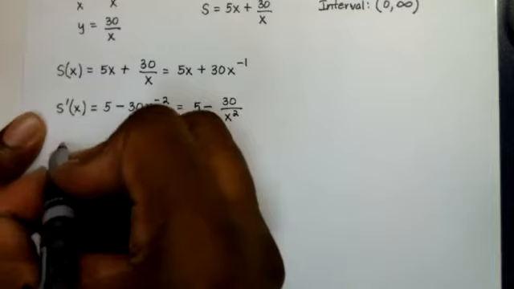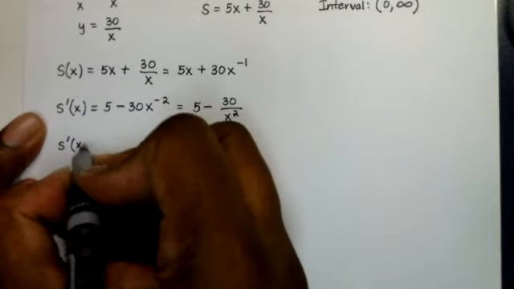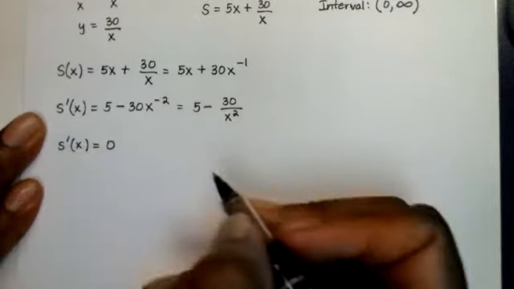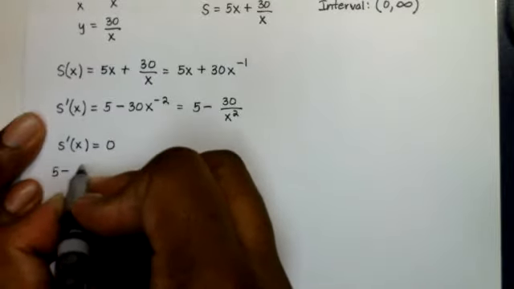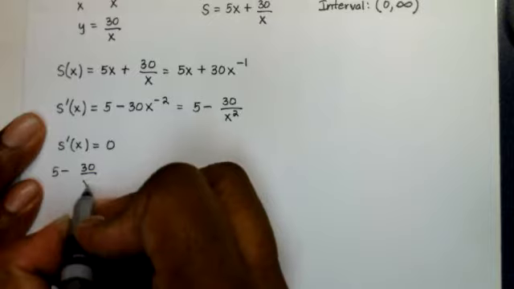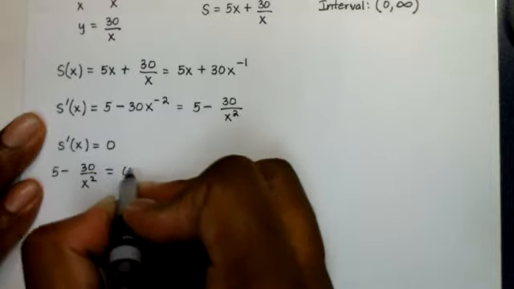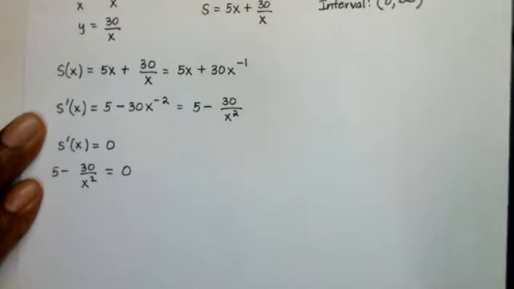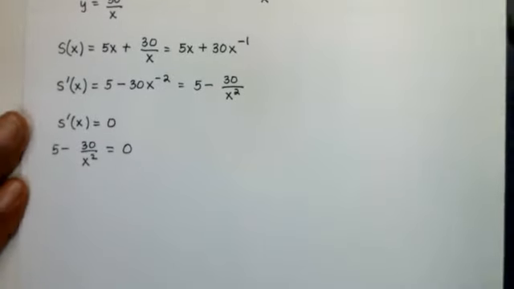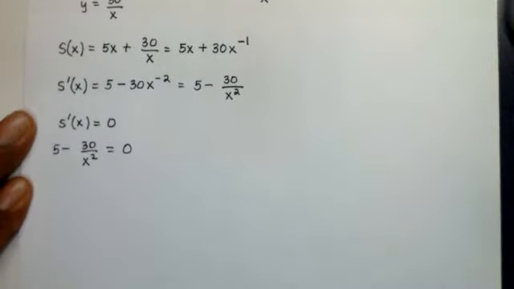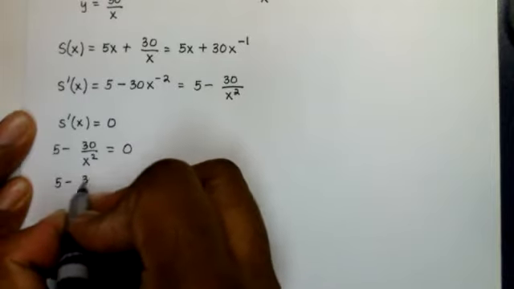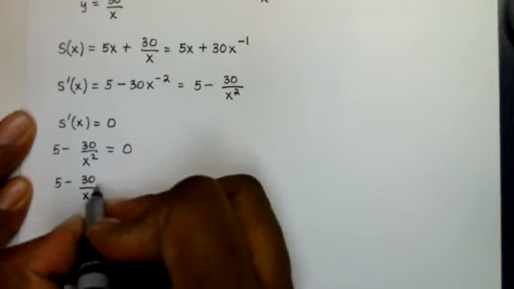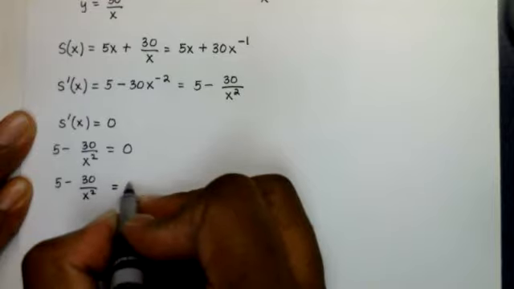And then next I'm going to set S prime of x equal to 0 and solve for x. So I'm going to have 5 minus 30 over x squared equal to 0. Then I'm going to multiply both sides by x squared so I can get rid of that x squared in the denominator.